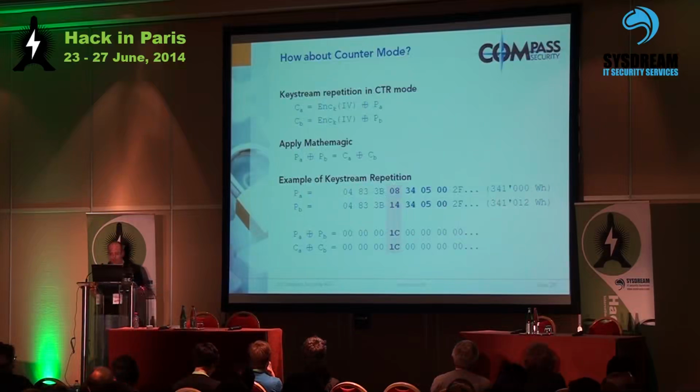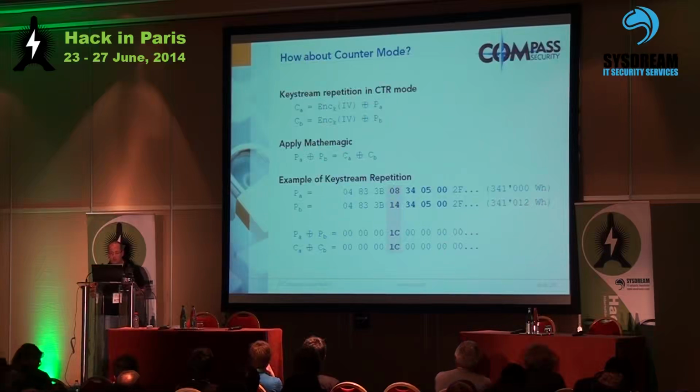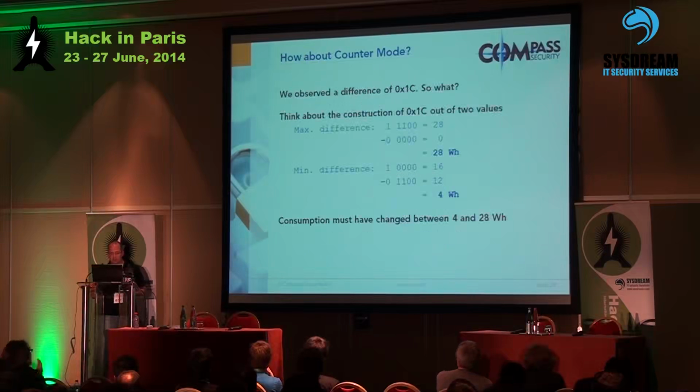Now what we are going to do with this 1C is figure out how much the difference could actually be. So we'll try to find the nearest pair and the most widely separated pair. And this tells us that the consumption must have changed between 4 watt hours and 28 watt hours. Is this an issue?